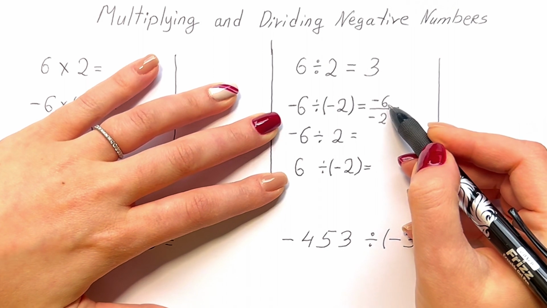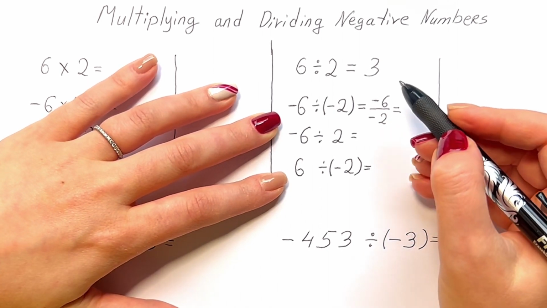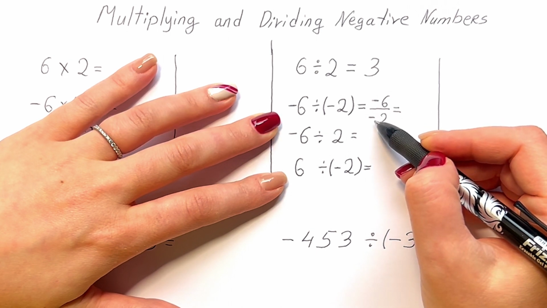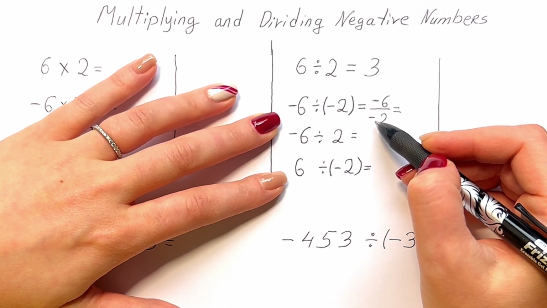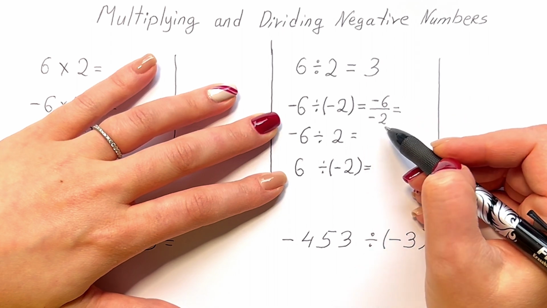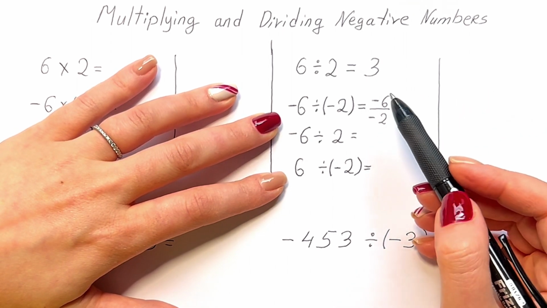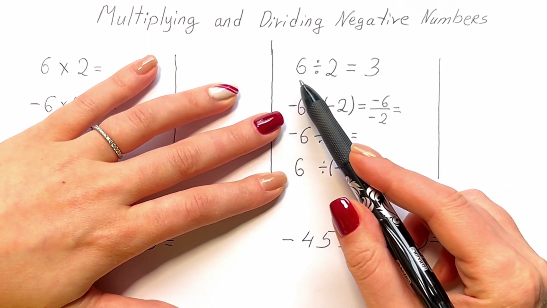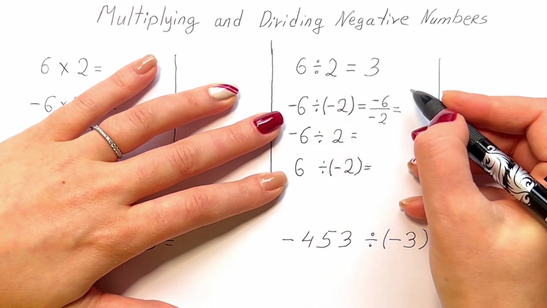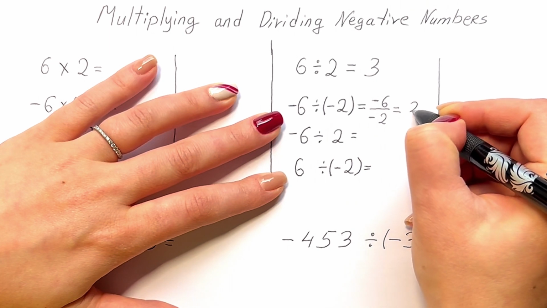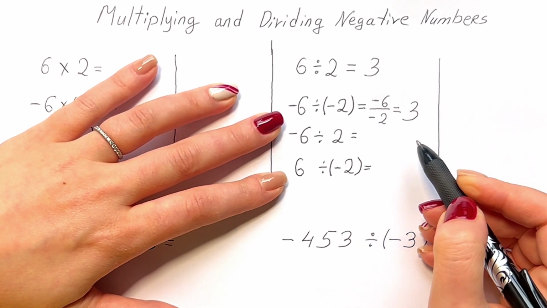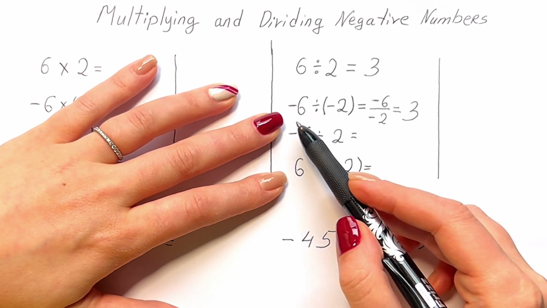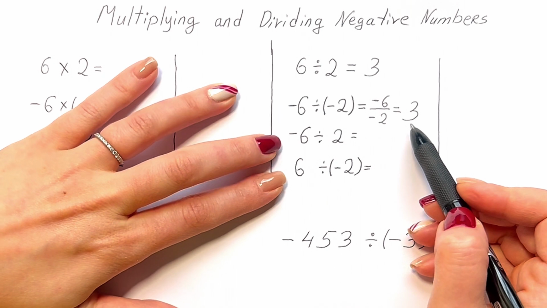Negative 6 over negative 2. If we have one negative sign in a numerator and another one in a denominator, we can simply cross them out. So, when we are doing division with two negative signs or two positive signs, the answer will be positive. Negative divided by negative is positive.